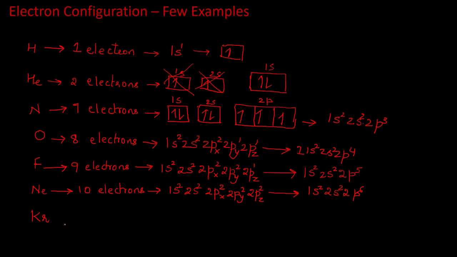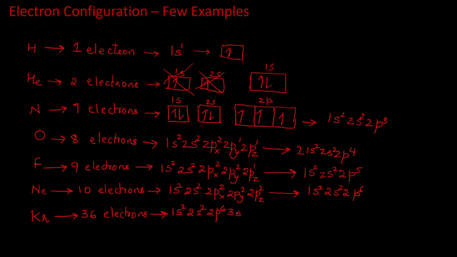Now this krypton has got 36 electrons, okay, 36 electrons. Now these 36 electrons are arranged like this. So 1s2, 2s2, in its p orbital 2p6, all of them are filled.